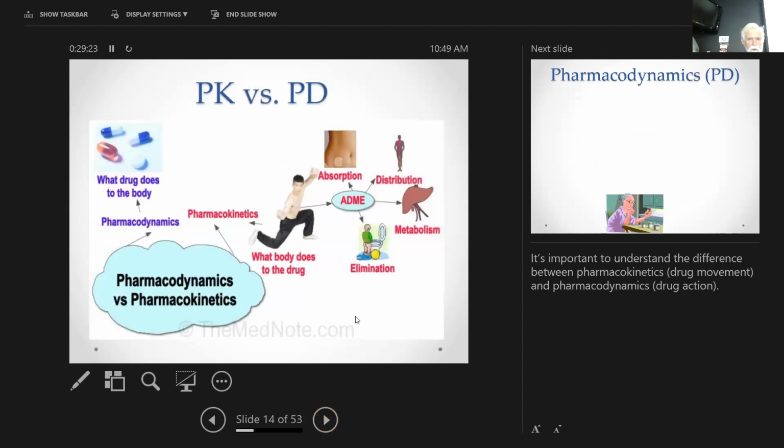So if we look at the difference between pharmacokinetics, PK, and pharmacodynamics, PD, we have a relationship. Pharmacodynamics, we saw, was what the drug does to the body. Pharmacokinetics is what the body does to the drug. And there are a number of different steps in what the body does to any drug. First off, it has to be absorbed.